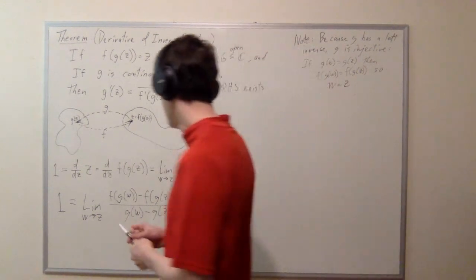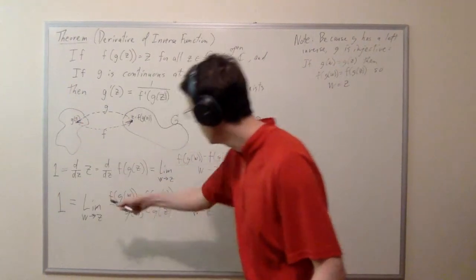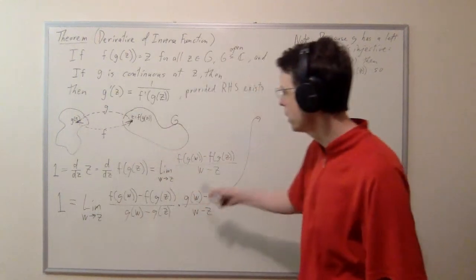So let me illustrate. I'm going to take both sides of this ugly equation and divide it by basically the thing I like, the left-hand limit.